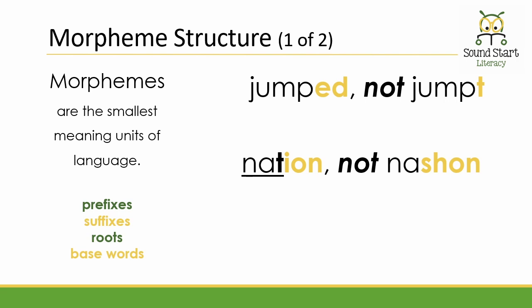So you can see how this can be pretty confusing for students as they're learning the sound symbol correspondences and then also bringing in the morphology to help them understand why we're using certain sounds and symbols.